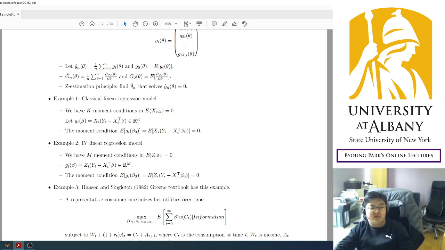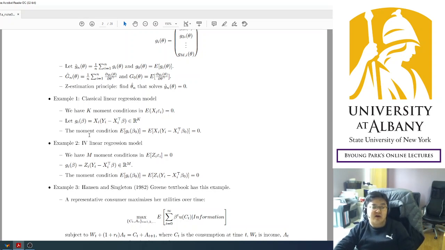Just replace epsilon with y minus x beta. Then this is a k-dimensional value. It is a function of beta because as you change beta, the function value will change. When you take its expectation, it equals 0 only when beta equals beta 0. That is the identification condition. We'll discuss it again if we have a chance.